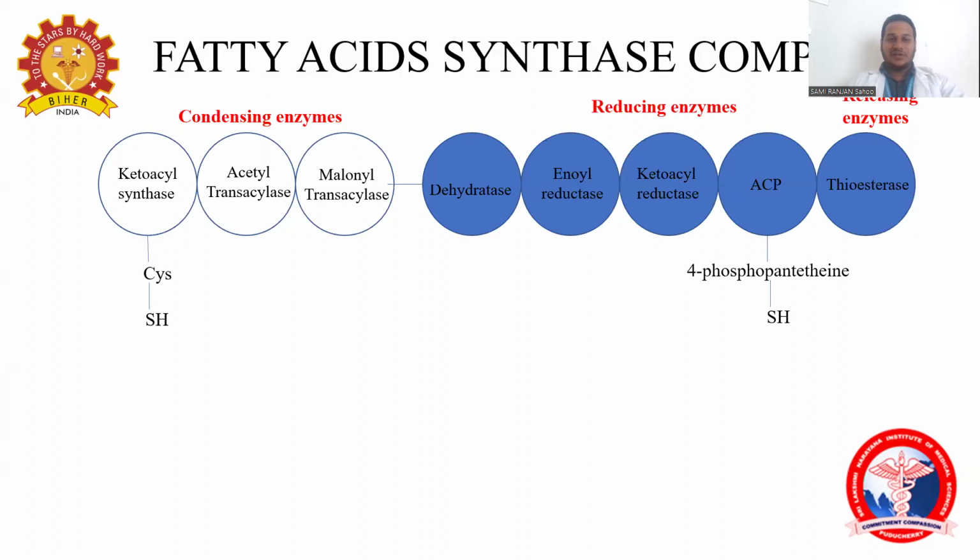So, the condensing enzymes are ketoacyl synthase, acetyl transacylase, malonyl transacylase, and the reducing enzymes are dehydratase, enoyl reductase, ketoacyl reductase, and acyl carrier protein along with 4-phosphopantetheine with the sulfide bond. The releasing enzyme is called thioesterase.